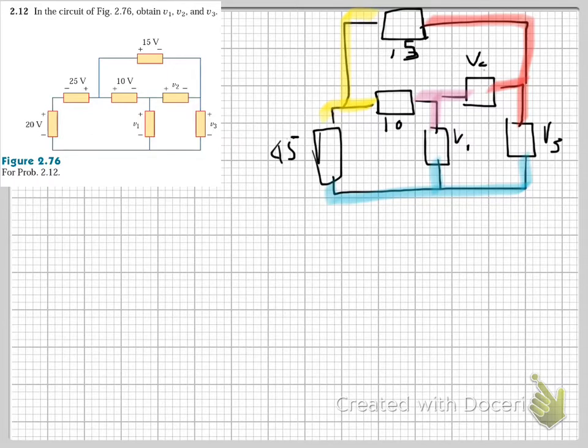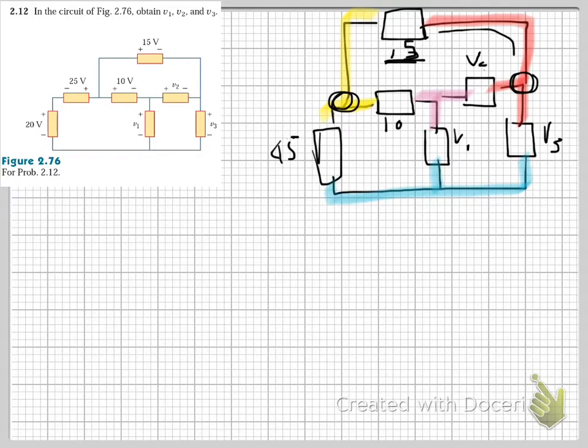So you can see that this 15 source is connected between this node and that node, right?